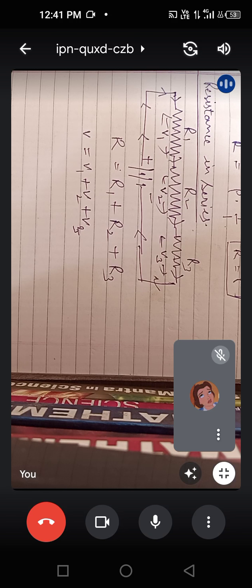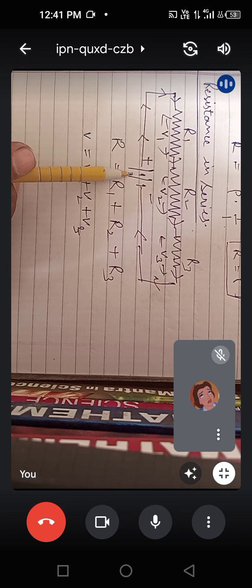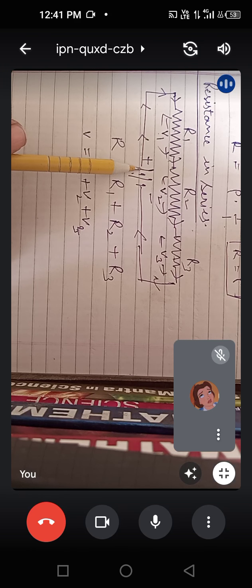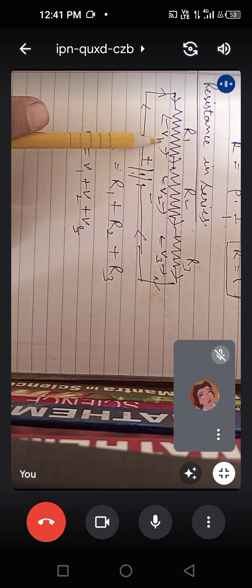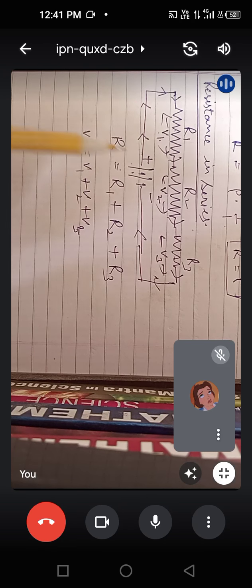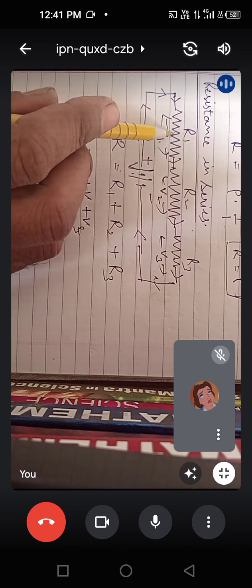The potential distributes. Whatever V is, the potential of the battery, that same potential will be distributed: some across V1, some across V2, and some across V3. So V is equal to V1 plus V2 plus V3.